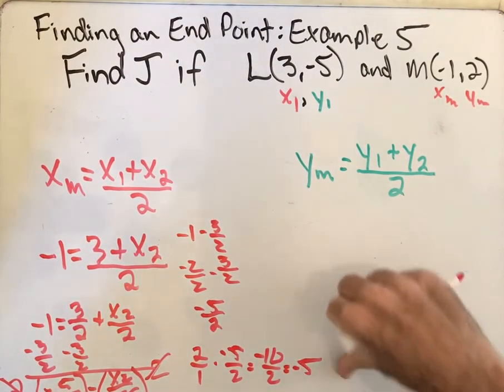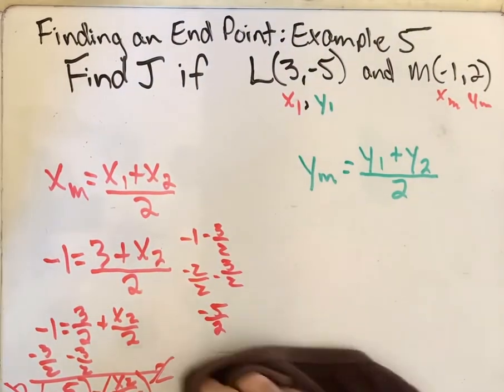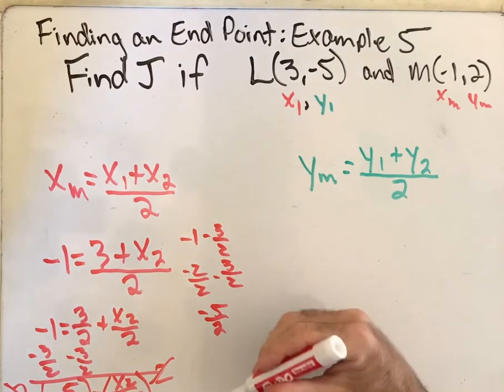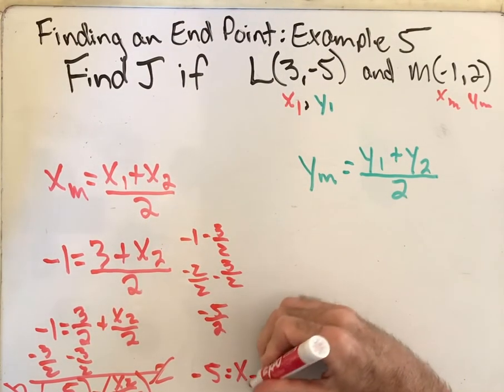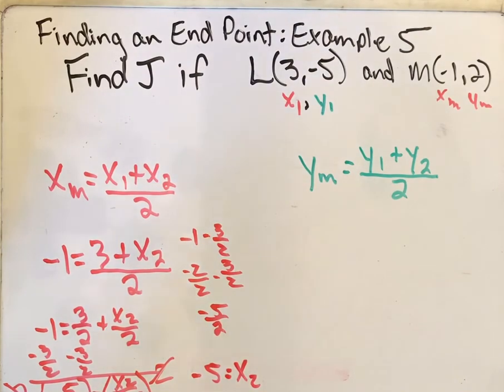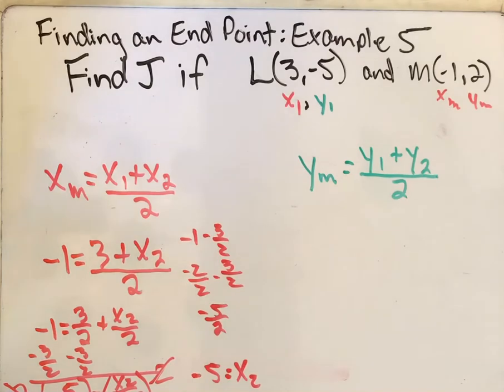So -5 equals x sub 2. My x coordinate for this point up top is going to be -5.